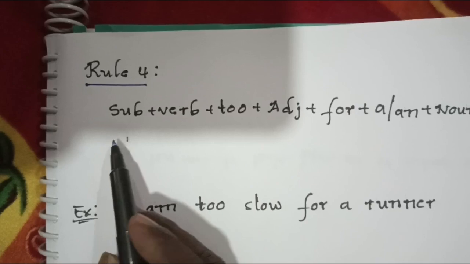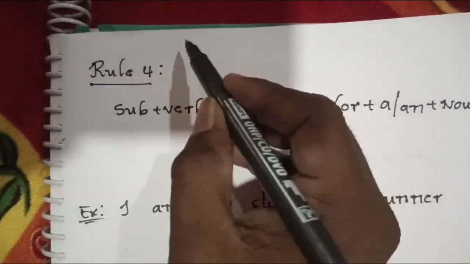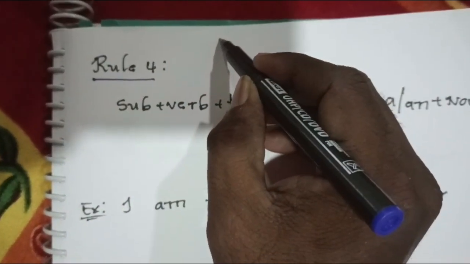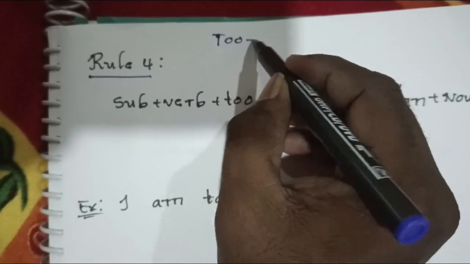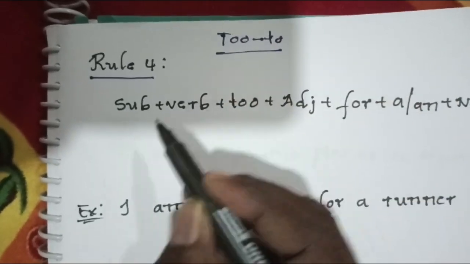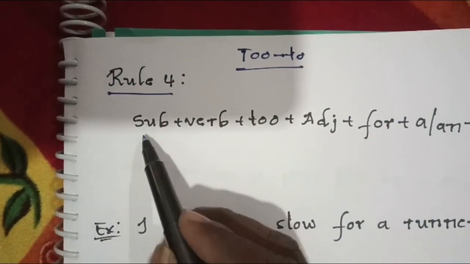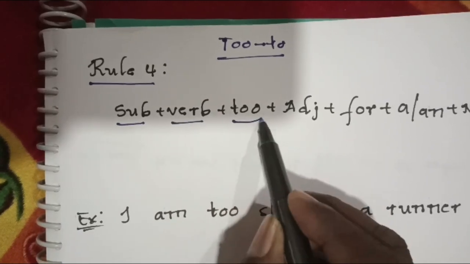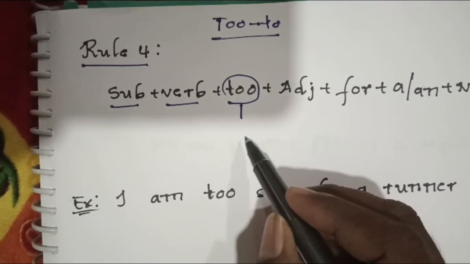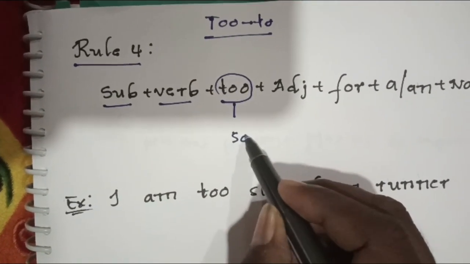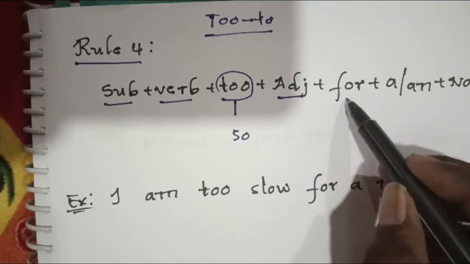This is the answer. Now rule 4. The intention is that we remove 'too'. The structure is subject, verb, too, adjective. In place of 'too', we'll use 'so', and the adjective stays as is.